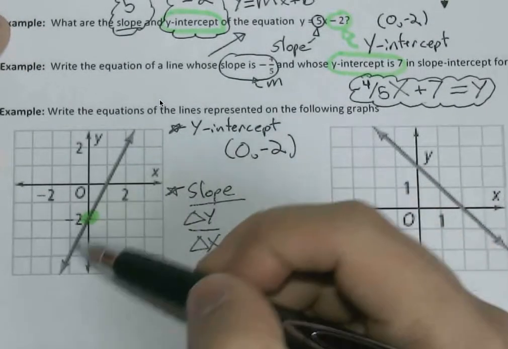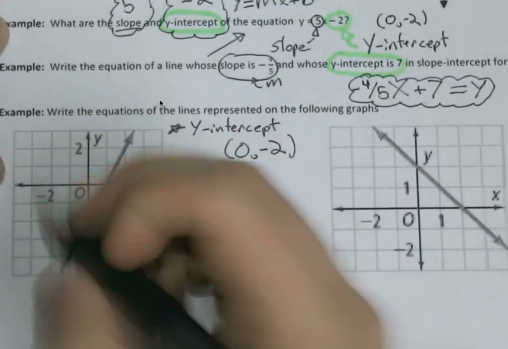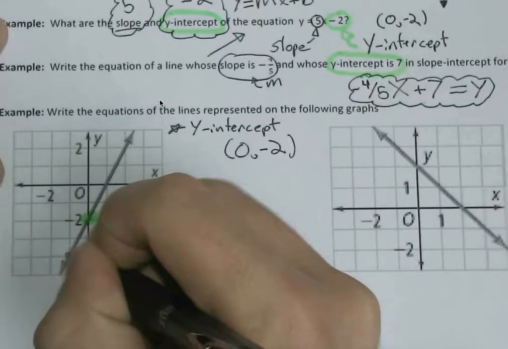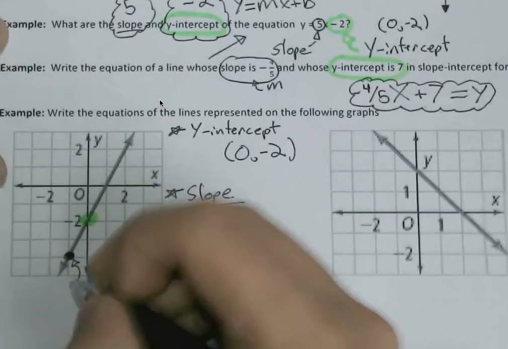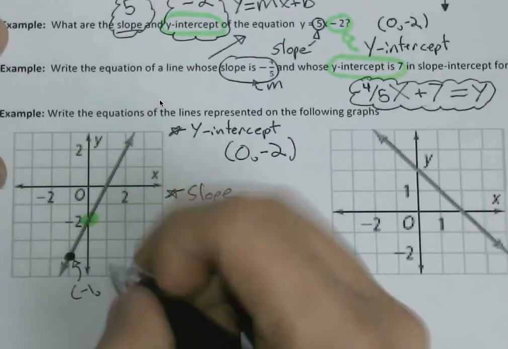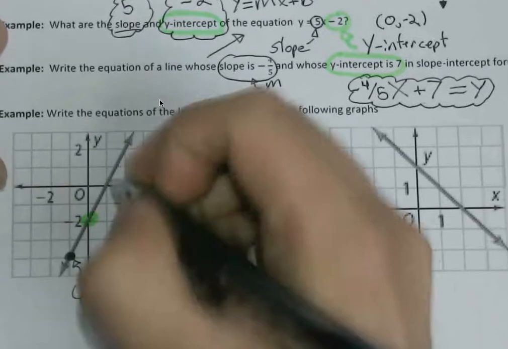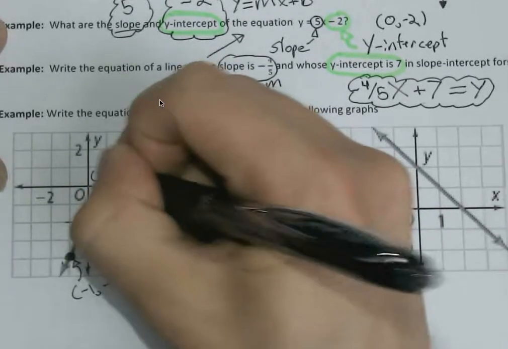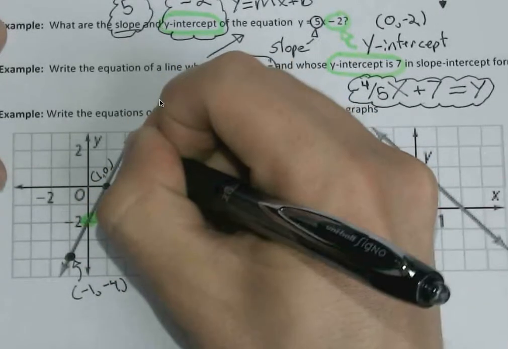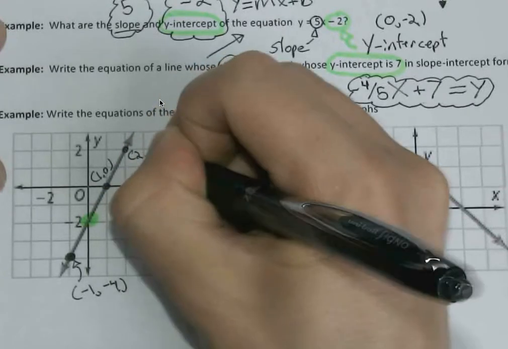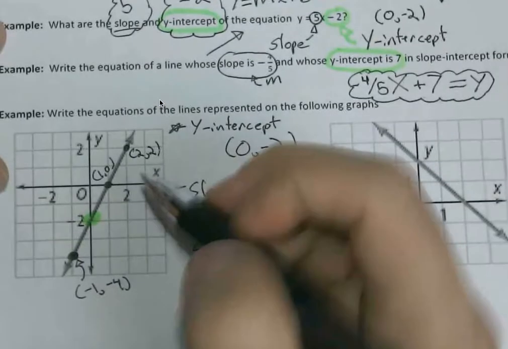So notice that we have a few points we can map out. We could say that this is probably a point seen here. This is (-1, -4). This is (1, 0). This is (2, 2). So I'm personally going to make my life easy.